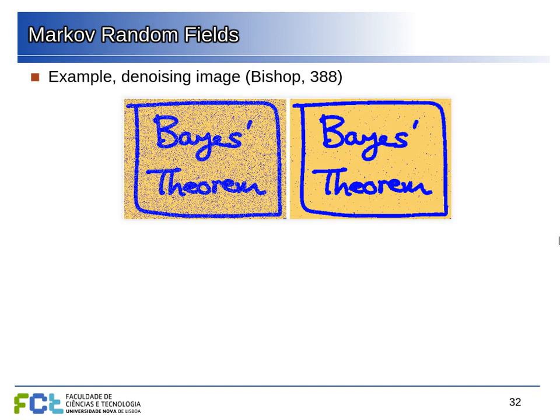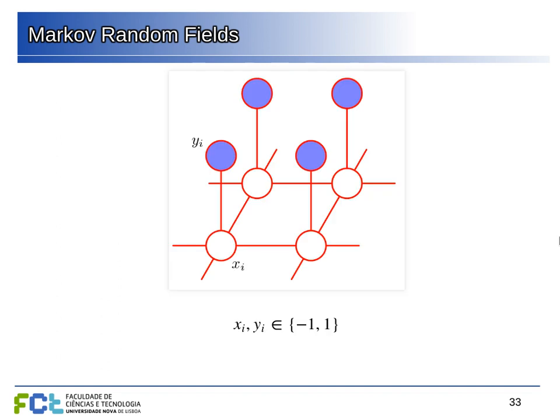So let's see an example here for denoising an image. We have this initial image with lots of noise, lots of extra pixels, and we can denoise it and obtain that result by using Markov random fields in this way.